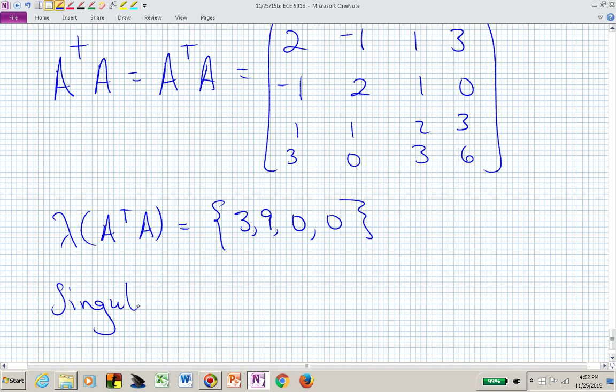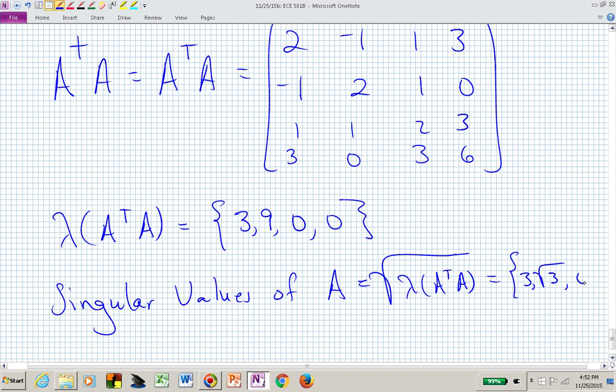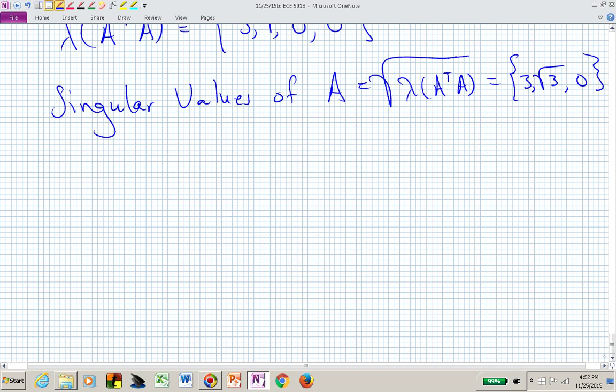The corresponding singular values of A are now the positive square roots of the eigenvalues of A transpose A, so that from biggest to smallest the singular values are 3, square root of 3, and 0. And if we wanted to, we could now say that sigma is this matrix.